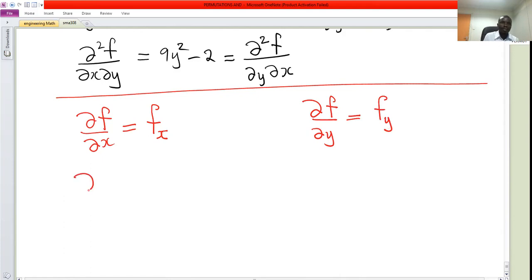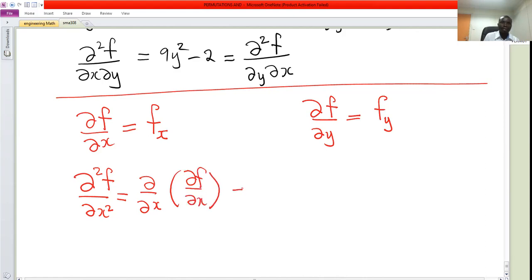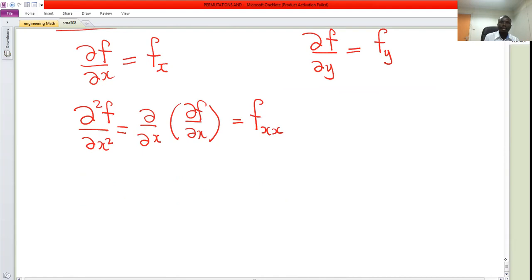Now for the second partial derivative, partial squared f partial x squared means you apply partial x to partial f partial x, and this can be written as f x x, which is the same thing as saying f sub x, and then you also partially differentiate with respect to x.